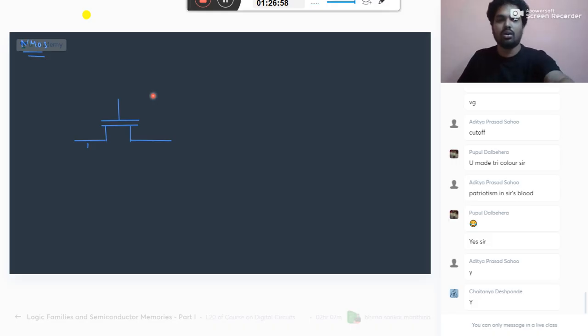Okay. Now, let me prove that it is strong in 0, weak in 1, whatever those conditions. For that, I need to have one load. Let us assume it is a capacitor.